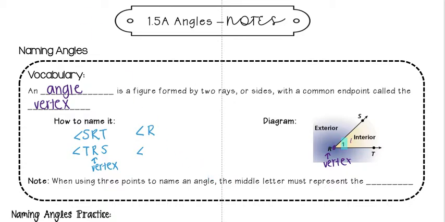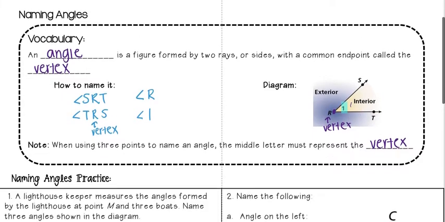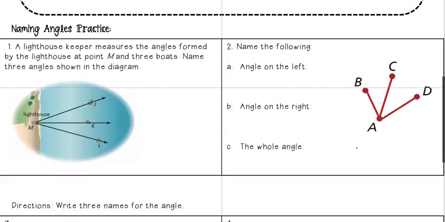So I can also call this angle 1. So there are four different ways that we can name an angle. And so again, for that note, when using 3 points to name an angle, the middle letter must represent the vertex. So I couldn't call this angle RST. That wouldn't work. Okay, let's get some practice with naming angles.